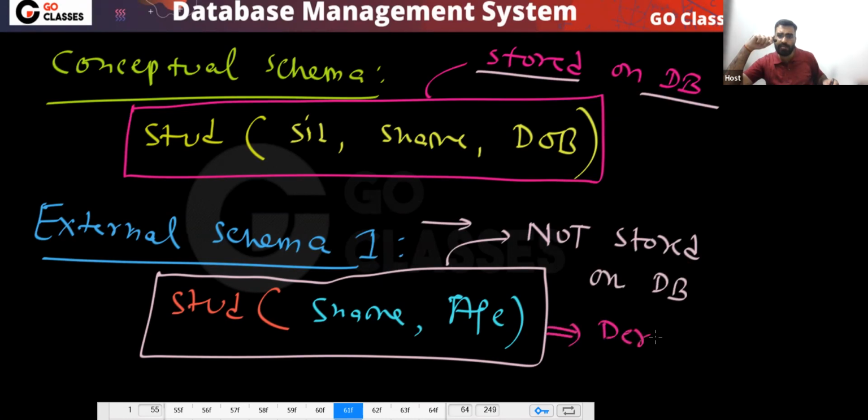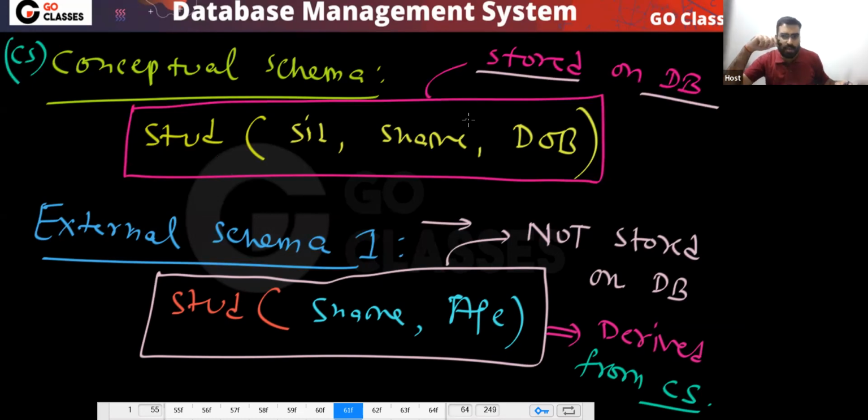It is derived. It is derived based on user requirement, from the conceptual schema. Clear? Now Mavit is asking who will derive it.